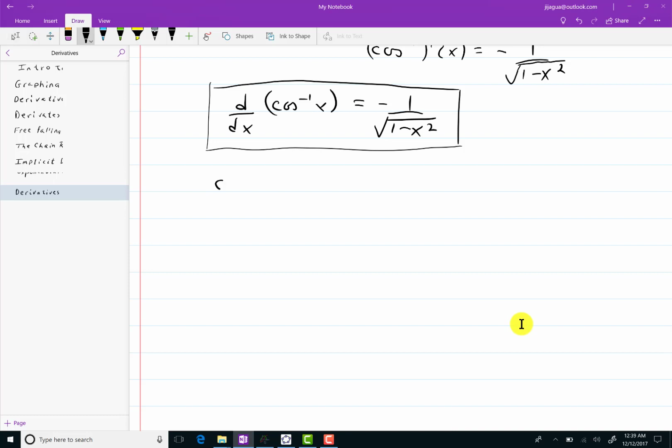There's a formula that goes like this. Cosine inverse of x plus sine inverse of x always equals pi over 2. This is because the CO in cosine means complementary sine.